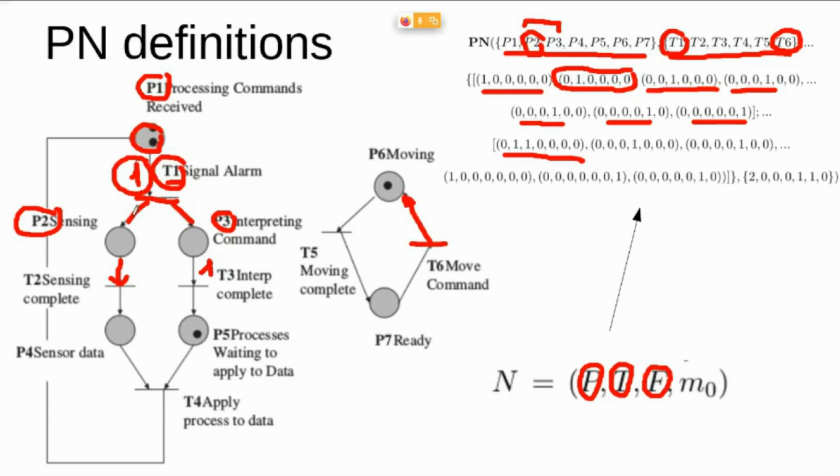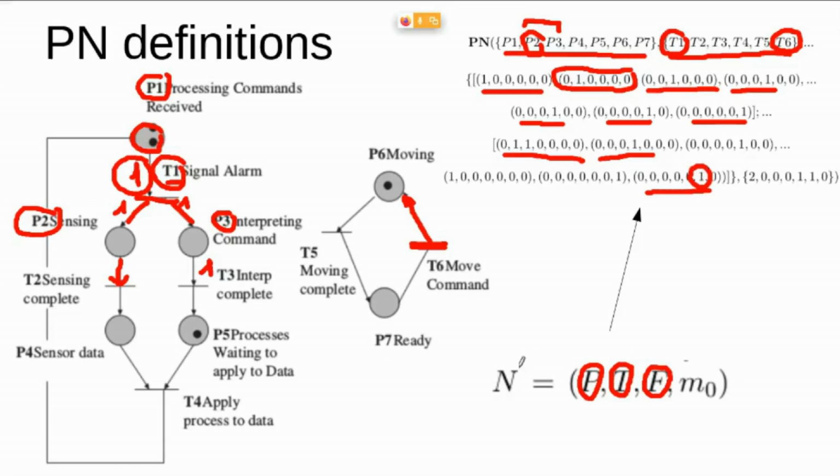So by default, 1 and 1. And the same goes for transition 2, 3, 4, 5, and 6. Let's have a look at transition 6, for example. Transition 6, that is this, is connected to place number 6. That's why place 1, 2, 3, 4, 5, and 6.